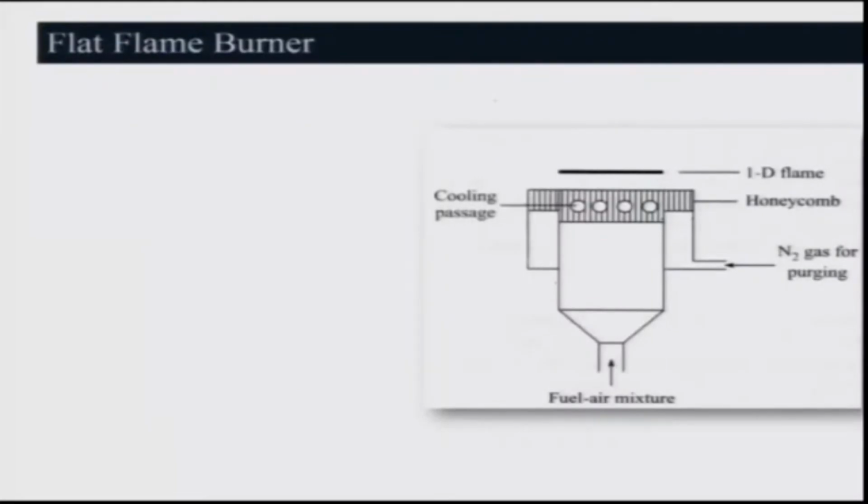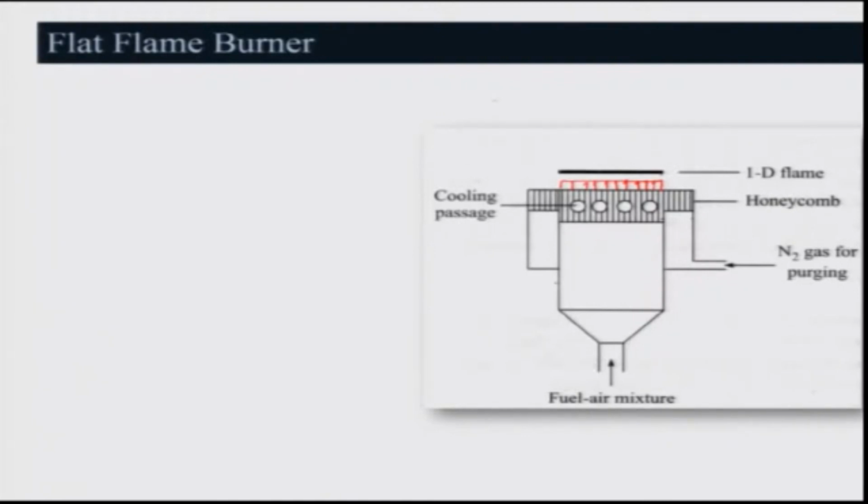In this case, the burner is designed in such a way that you can have a uniform velocity profile by using a honeycomb. This can be a bundle of very fine tubes, generally hypodermic stainless steel tubes, which is quite difficult to manufacture.